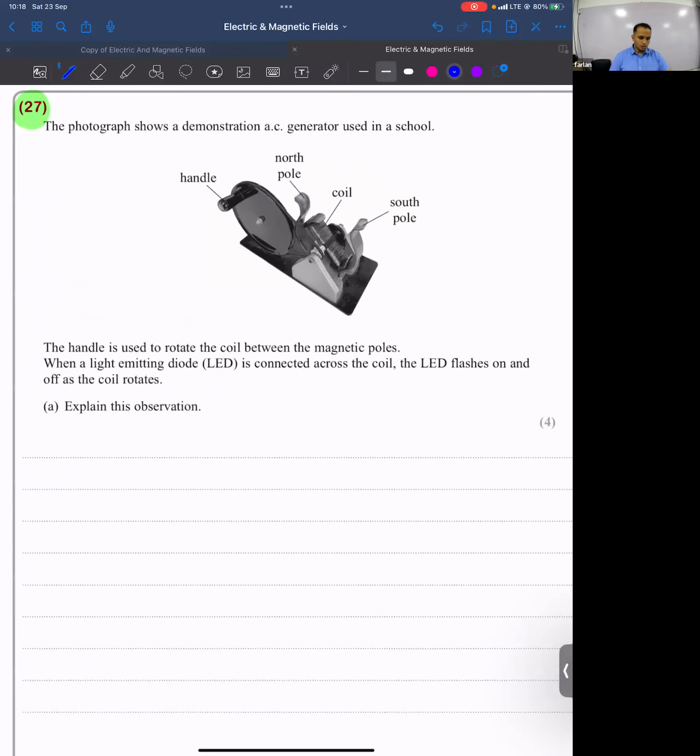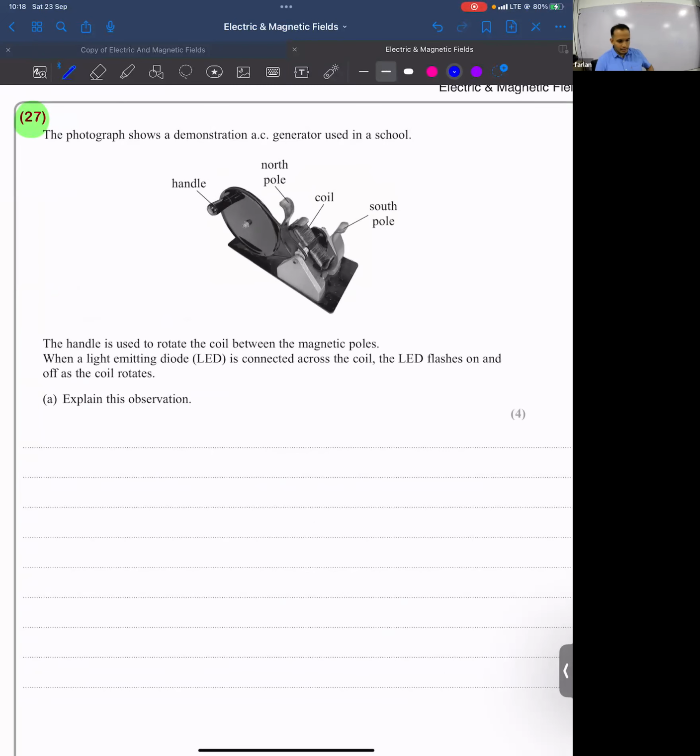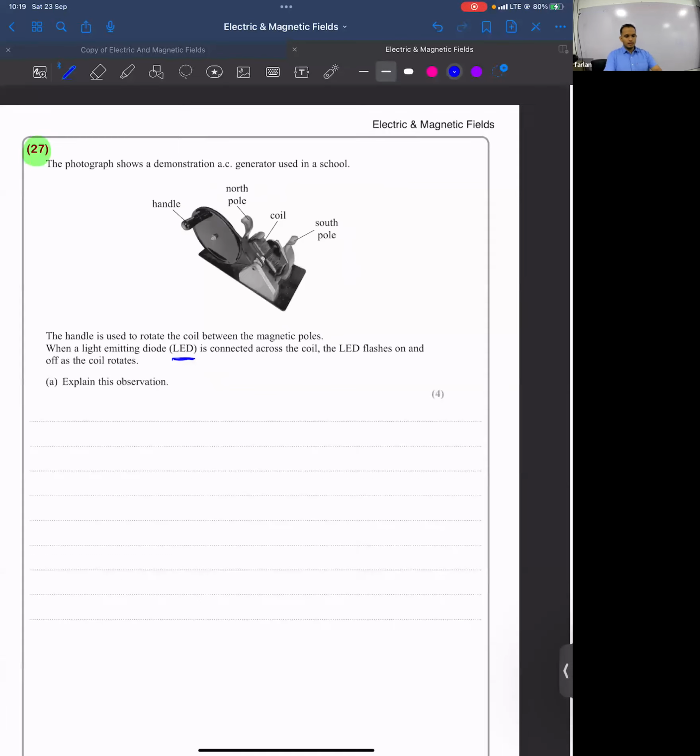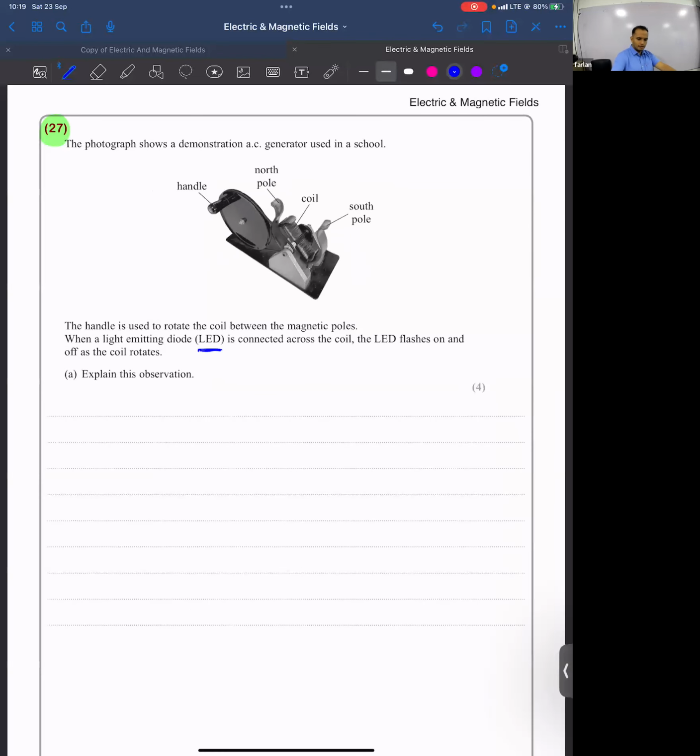The handle is used to rotate the coil between the magnetic poles. There's a north pole and a south pole. When a light emitting diode, LED, is connected across the coil, the LED flashes on and off as the coil rotates. Explain this observation.